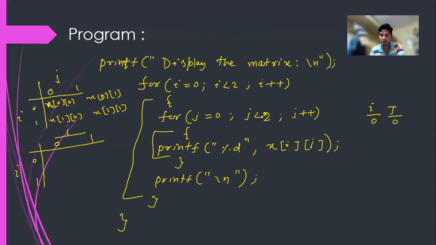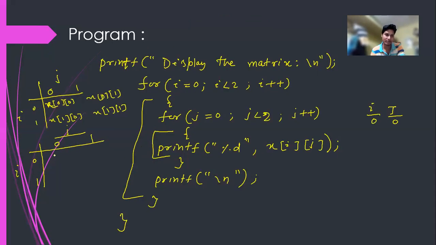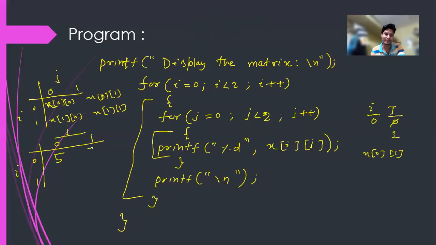If it is true, 0 less than 2, then the value will be displayed at x of 0 0. So that is 5. So here 5 will be displayed. Again, the value of j will be incremented, that is 1. So for x of 0 1, the value will be 7.